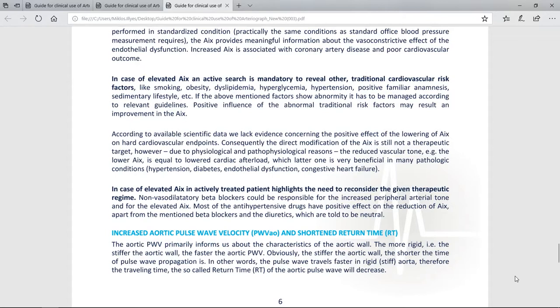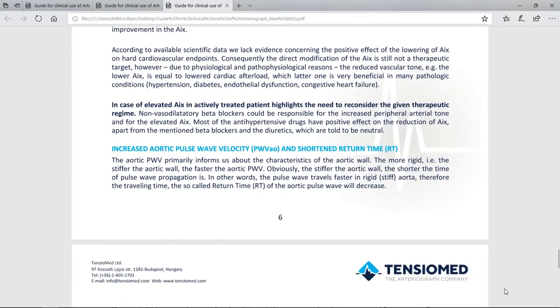Taken together, an increased augmentation index is a very early sign of developed endothelial dysfunction, decreased nitric oxide synthesis. Its positive modification is very beneficial to prevent further developing cardiovascular complications.